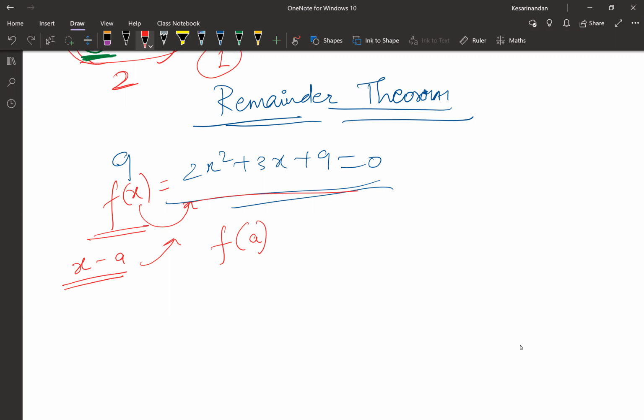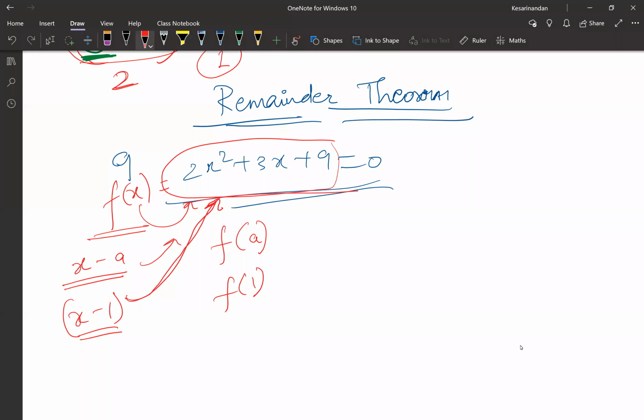That means if I divide this polynomial by x minus 1, my remainder will be f of 1. That means instead of x, if I put 1, whatever value I get here will be my remainder. Try it, guys.